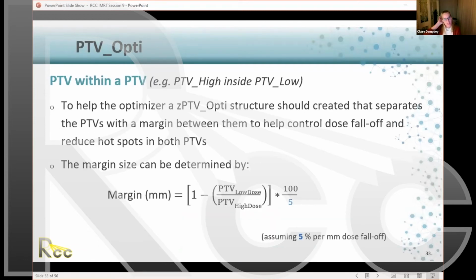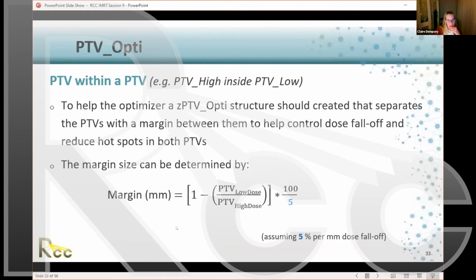If you have a PTV within a PTV, so you've got a PTV high and a PTV low, sometimes the optimizer struggles because you've got two different dose volumes within each other. So it's often helpful to create a second structure where those two structures themselves are a little bit separated. So in that case, you'd create a structure that had a margin between the PTV high and PTV low.